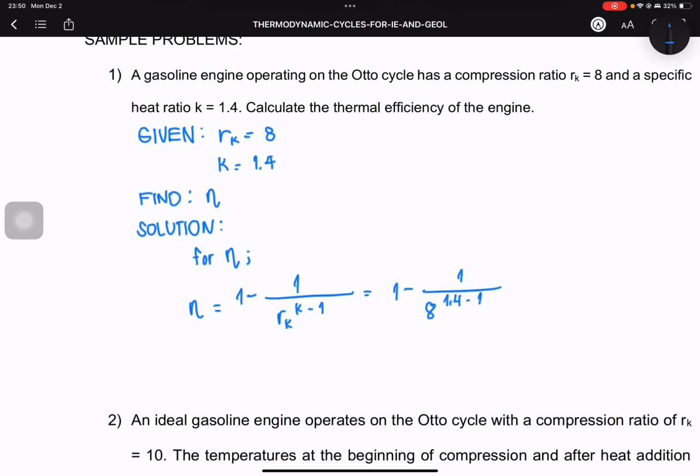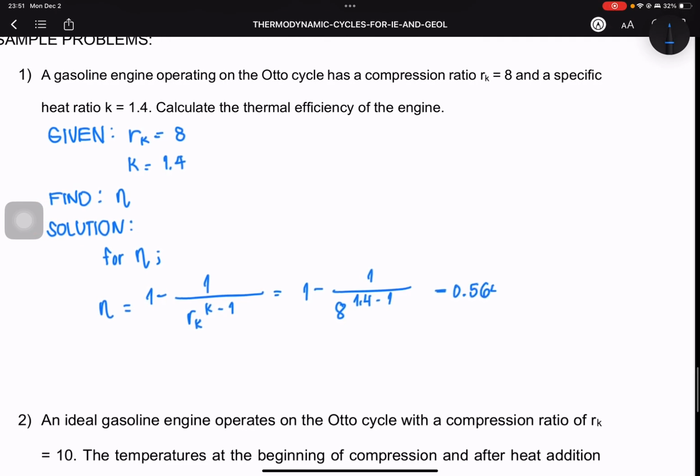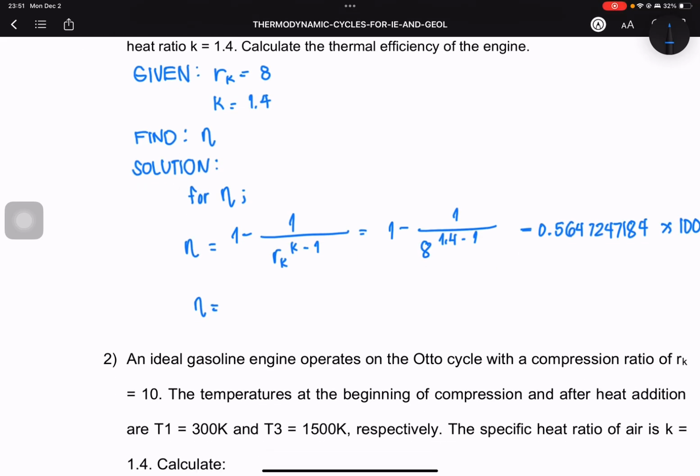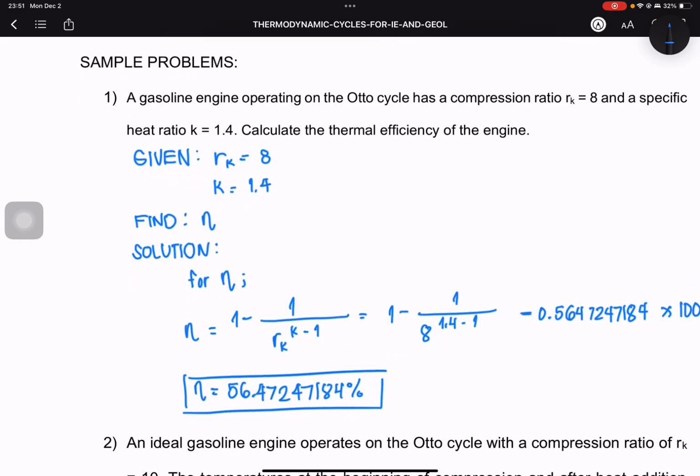Calculating, the answer would be 0.5647247184 times 100%. So in that case, the efficiency of the engine is 56.47247184%. Are we okay with that? Any questions so far?